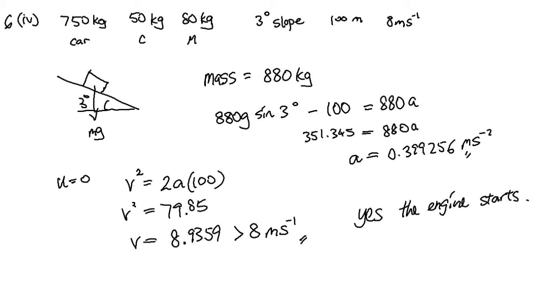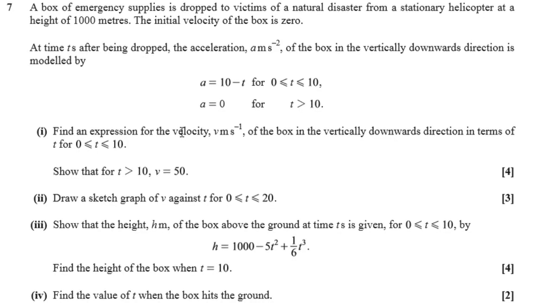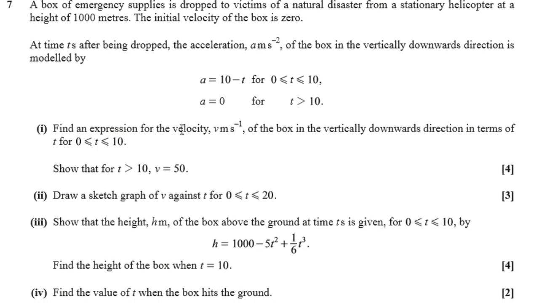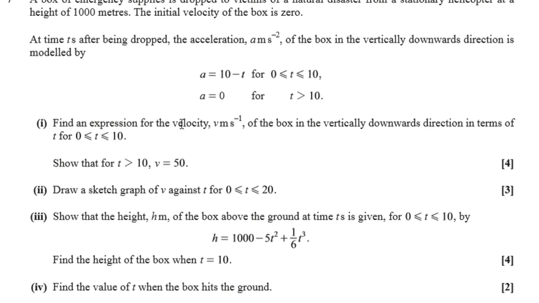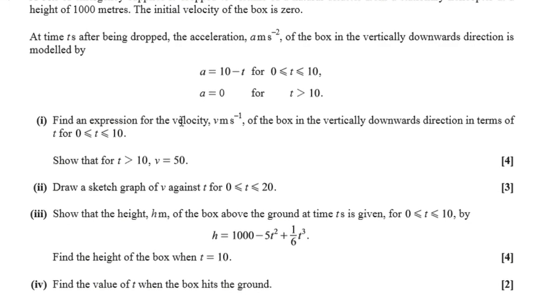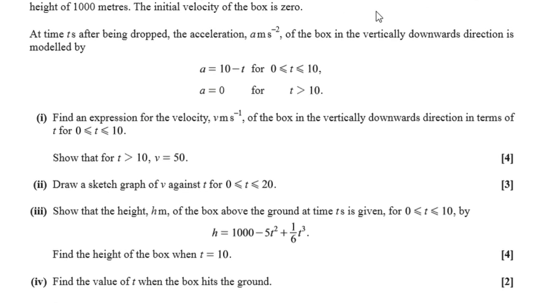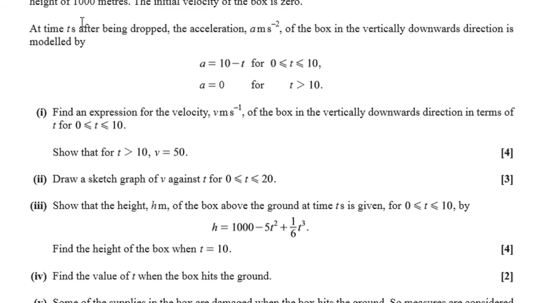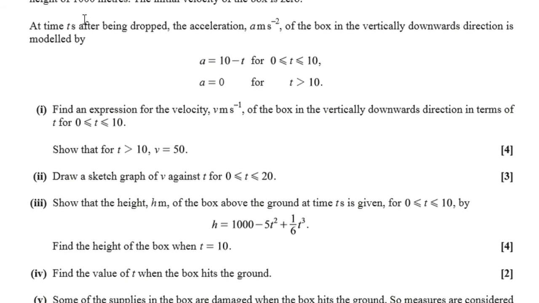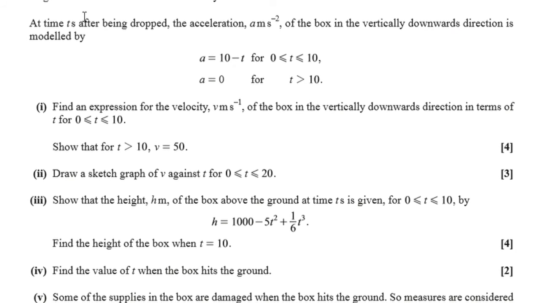So that is it for question 6. Question 7 is the last question of this paper. A box of emergency supplies is dropped to victims of natural disasters by helicopter at a height of 1000 meters vertically, and the initial velocity is 0.